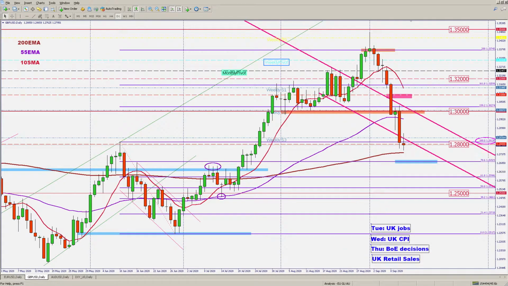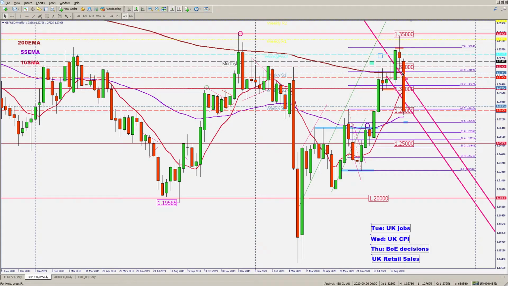So let's take a look at the weekly time frame, with the very bearish candle here. There will be some consolidation, but after that there could be a continuation move, and it is possible to still hit the 62 fib retracement at the 126 level, 126.00.